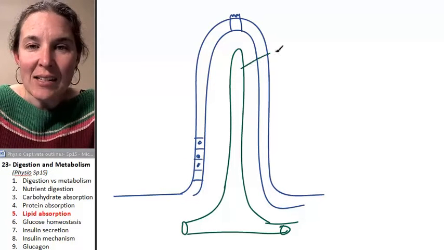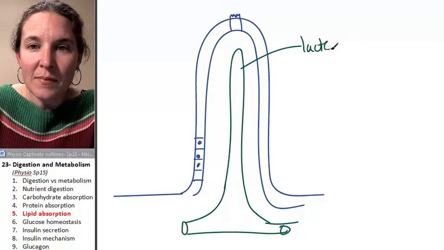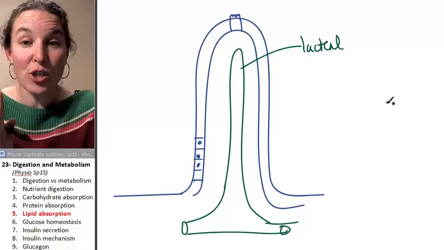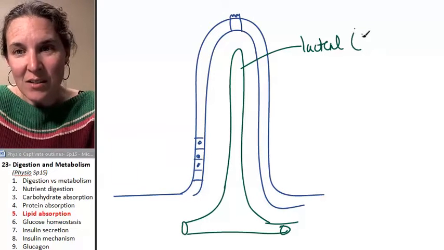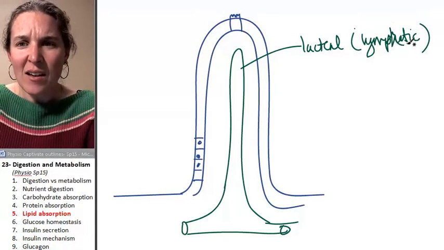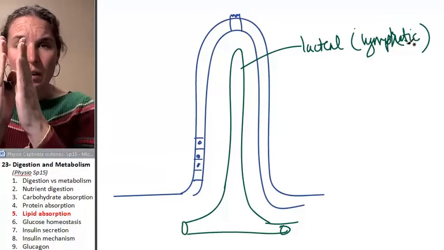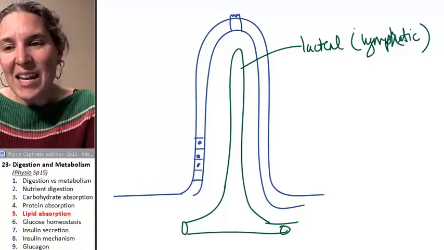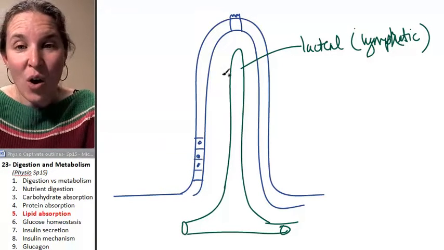The lacteal is actually a projection of lymphatic vessel. So the lymphatic tube projects up in here, and then you still have all of your blood vessels.